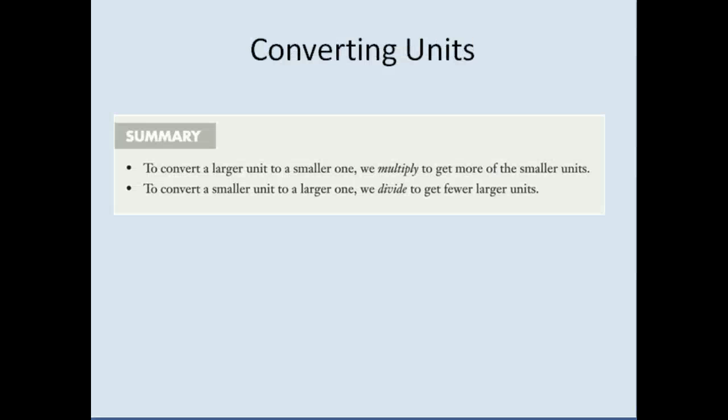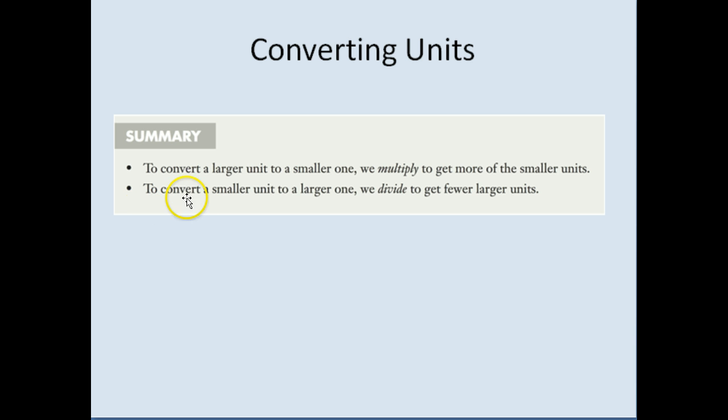So from now on you need to copy down all of the notes that are here. Some of them are coming straight from the textbook, so you can look to the textbook if you want a larger image. Okay, so when we're converting units, what we're doing is we're changing a measurement from kilometers to meters, or from milliliters to liters. When we're doing that, if we're going from a larger unit to a smaller unit, we need to multiply to get more of the smaller unit.